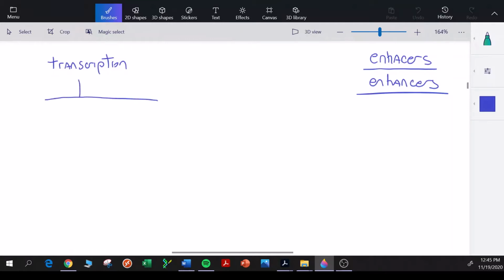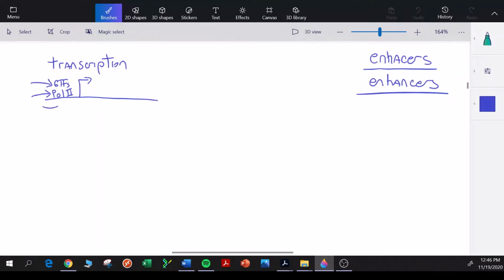What have we learned so far? Well, obviously I can't talk about everything we have learned with respect to transcription, but I have talked at great length on transcription initiation and how it depends on the general transcription factors, and they help recruit polymerase II to the promoter region of POL2 transcribed genes.